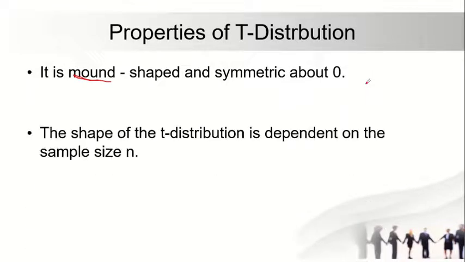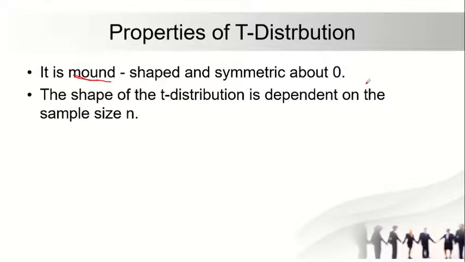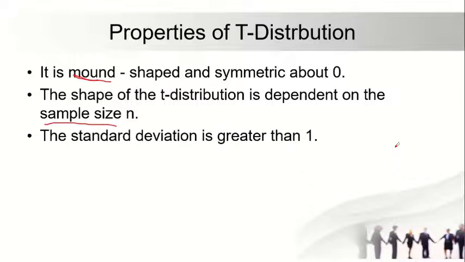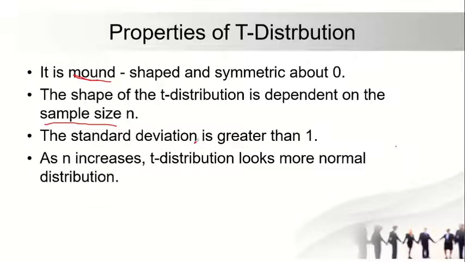Next, the shape of the t-distribution depends on the sample size n, or the number of samples. Next, the standard deviation is greater than 1. Then, as n increases, the t-distribution looks more like the normal distribution, and the area under the curve is 1.